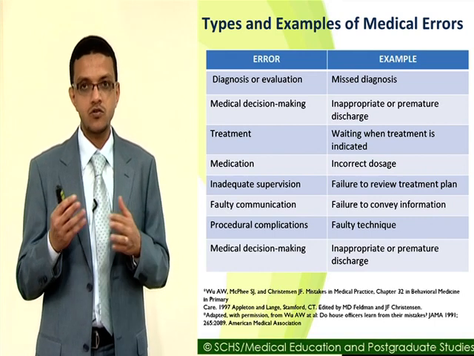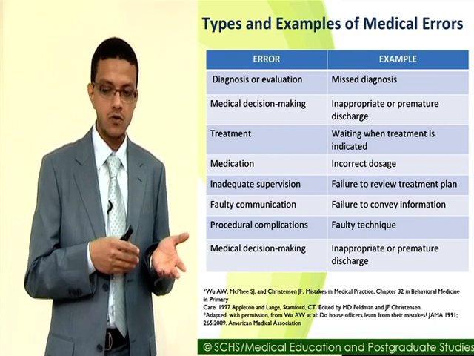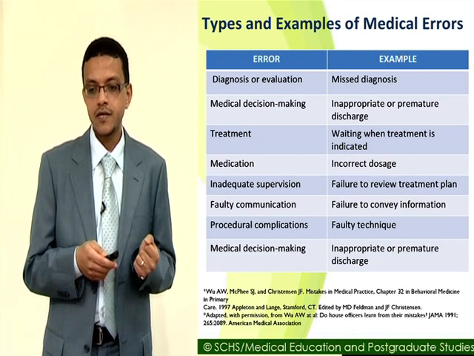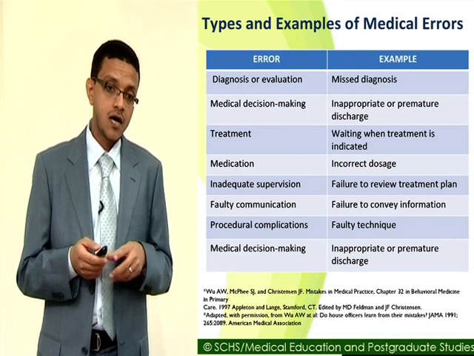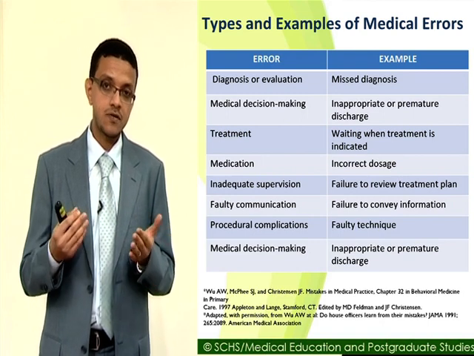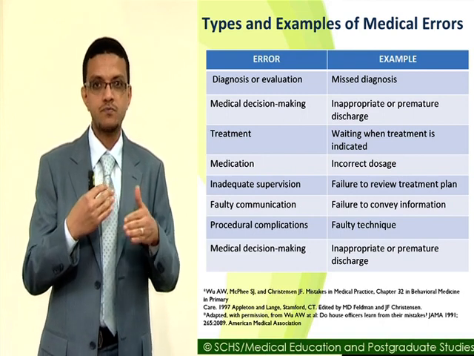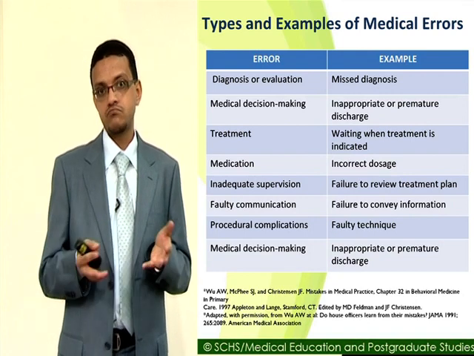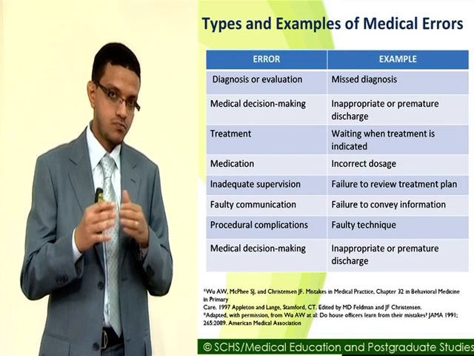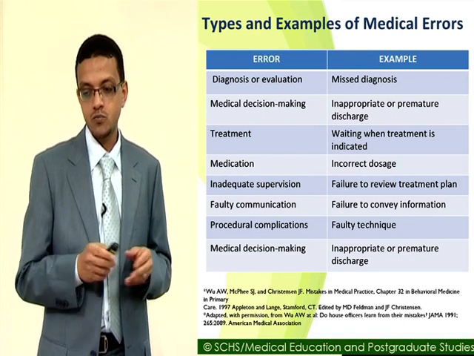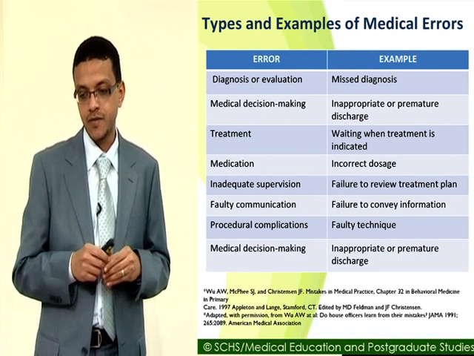Medications: either the wrong medication or the wrong dose, an incorrect dose. Inadequate supervision, failure to review the treatment plan. Especially you as residents, you need to have close supervision, although you are, in a sense, doctors indeed. But again, it's important that you be supervised to make sure that you are following the treatment plan.